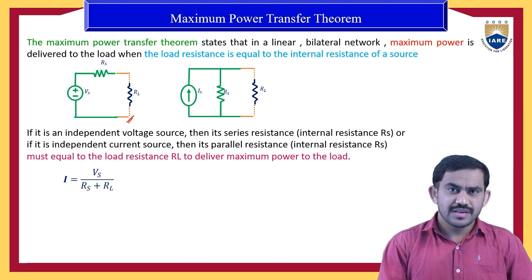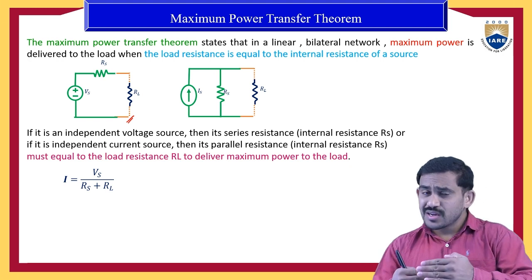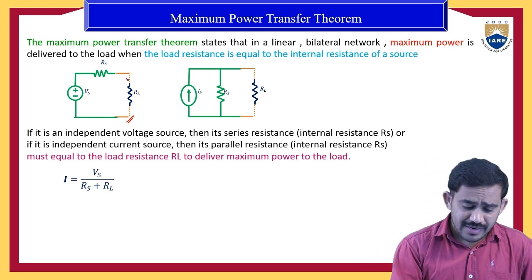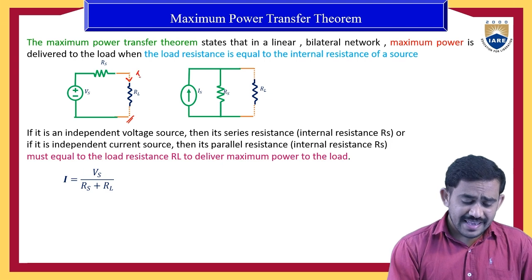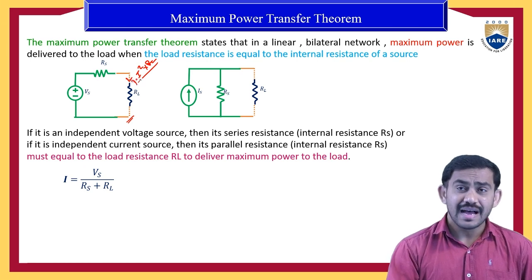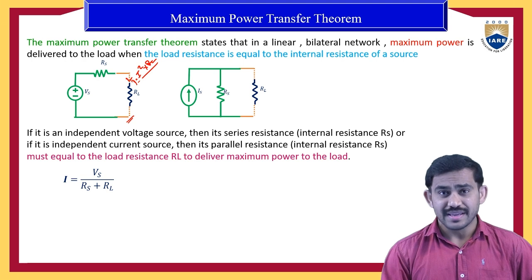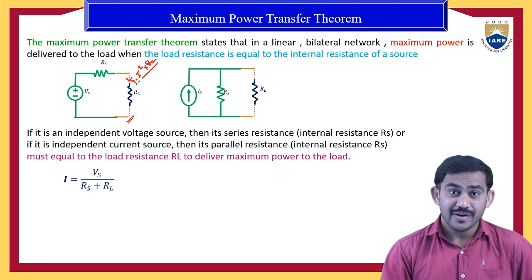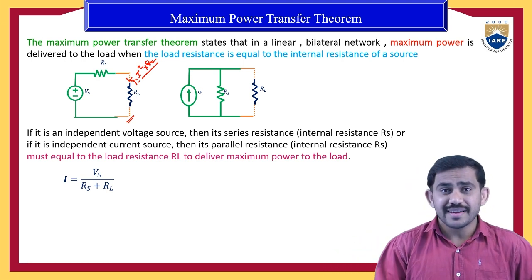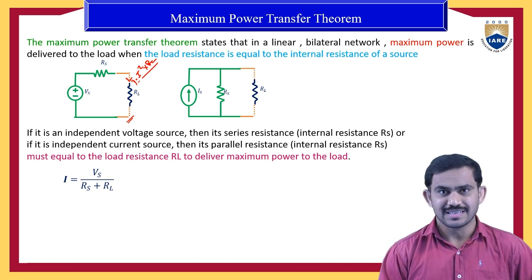From this, can you find the power at the load? I need the power at the load point, which means P equal to I square into RL. Here I am not writing V into I. To find the power at the load, I write I square into the load resistance.